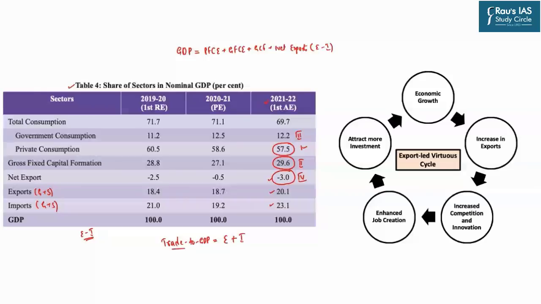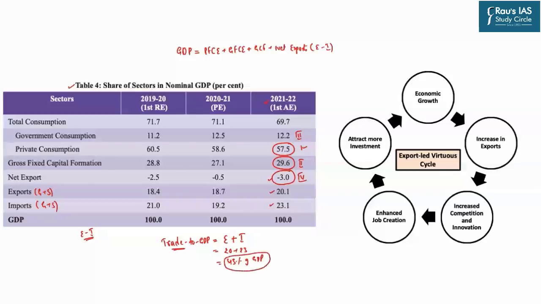So if you calculate the trade to GDP ratio of the Indian economy in the financial year 21-22, this was 20 plus 23, which is approximately equal to 43% of our GDP. So the trade to GDP ratio of the Indian economy in the financial year 21-22 was around 43% of India's GDP.